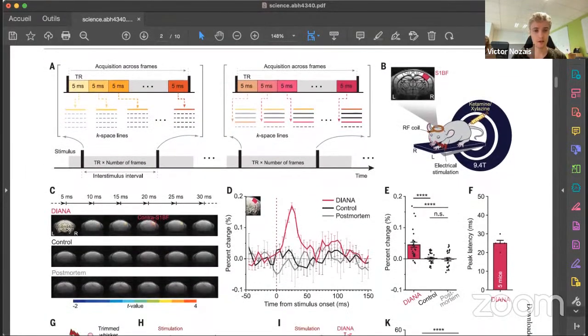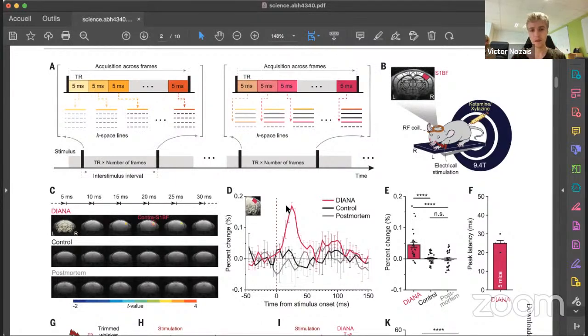So here you can see the brain slice that they are investigating, and they chose a place in the barrel cortex, where the whiskers are supposed to activate this region.